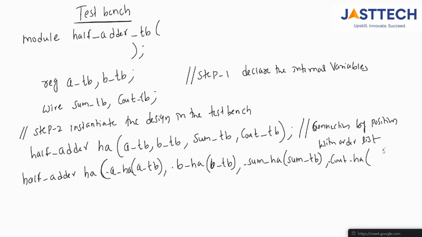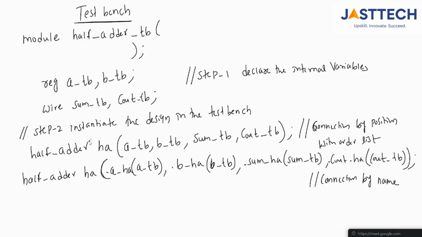So connection by name means you will get dot. This is nothing but connection by name. Mostly in the industry they will use connection by name only, not connection by position.